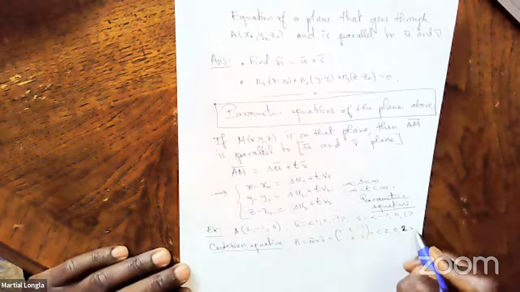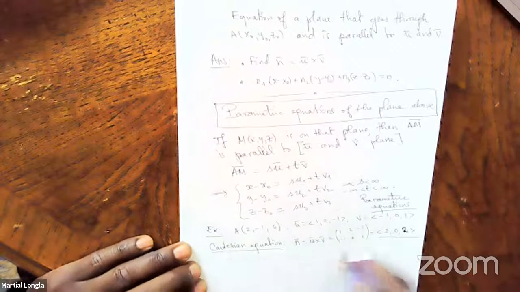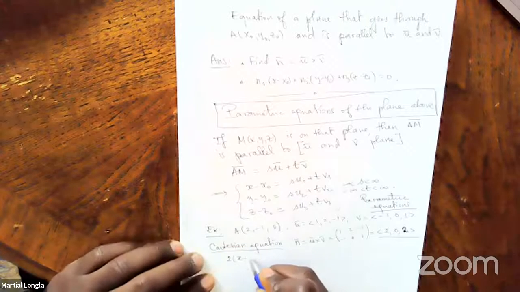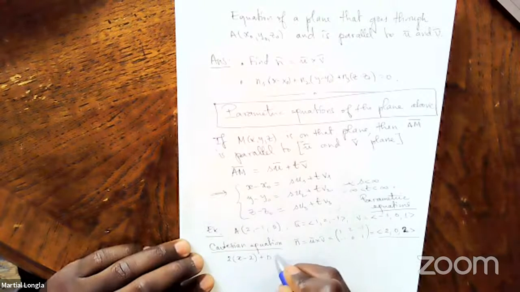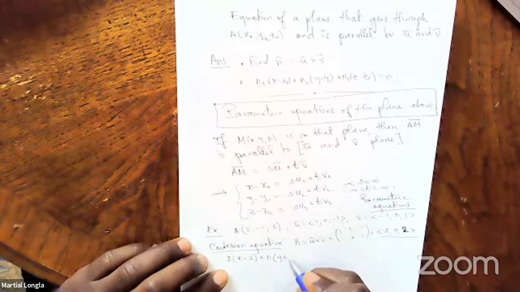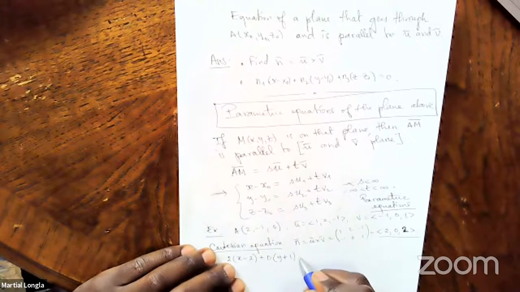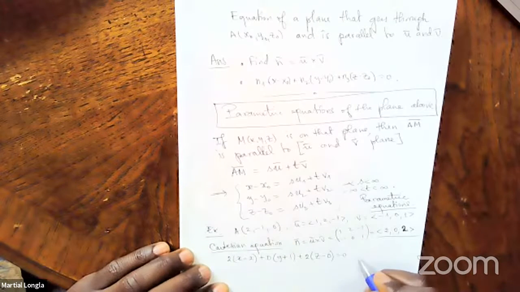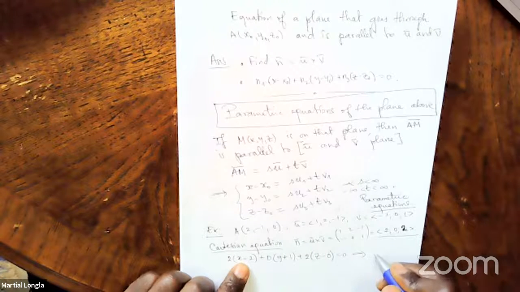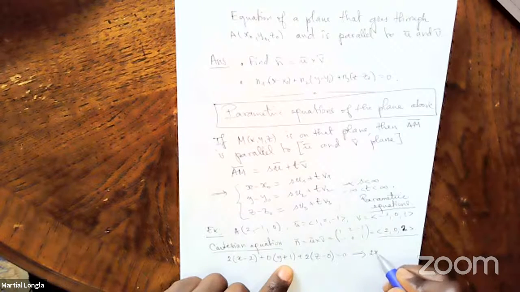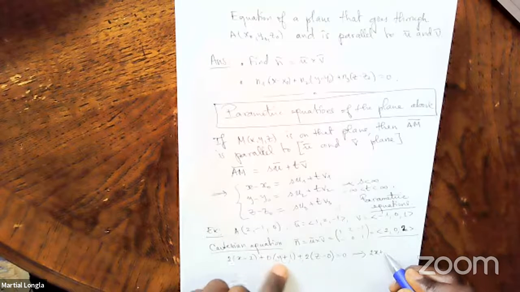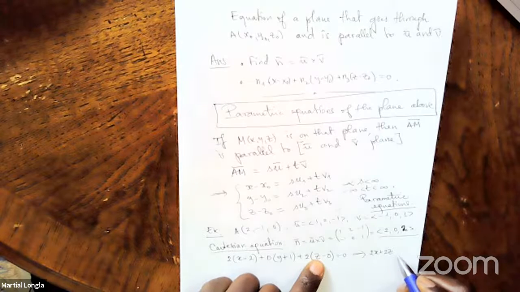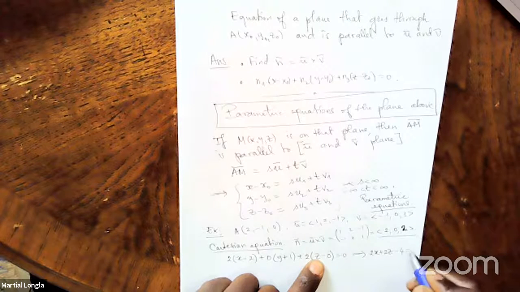So this is the vector n, and therefore 2 times x minus 2, plus 0 times y plus 1, plus 2 times z minus 0 equals 0, which leads to 2x, plus the y's that go away, plus 2z, then minus 4 equals 0.